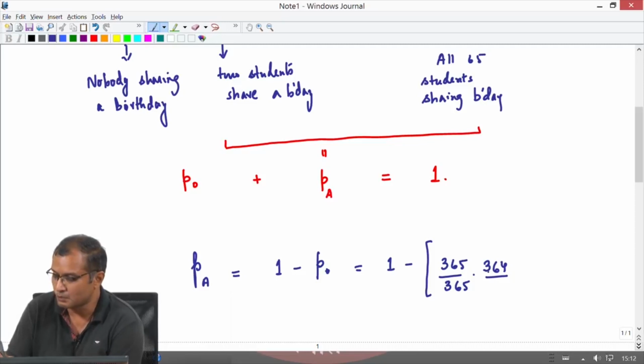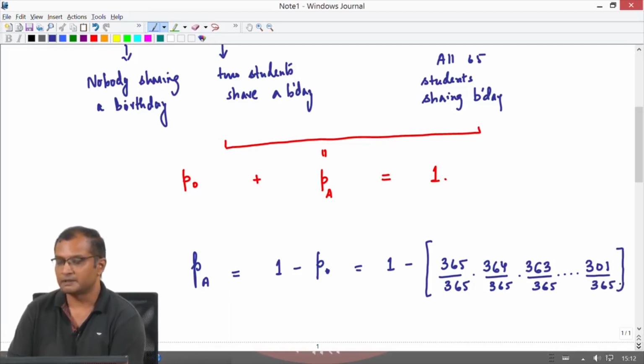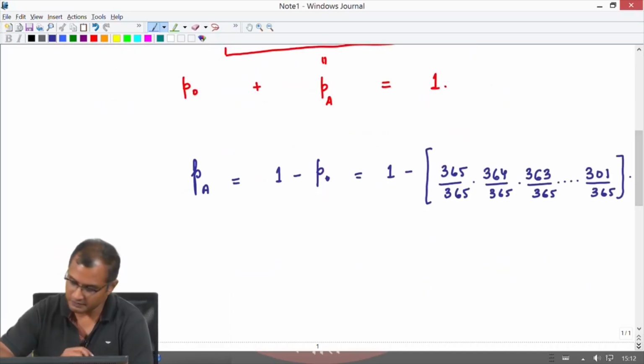So, he is left with one less day. The third student who comes sees that the first two students have already taken 2 days in the year. So, his number of days accessible is restricted to 363 out of a total of 365. And this way the last student has only 301 days available, and that is the probability of his birthday being one of them.